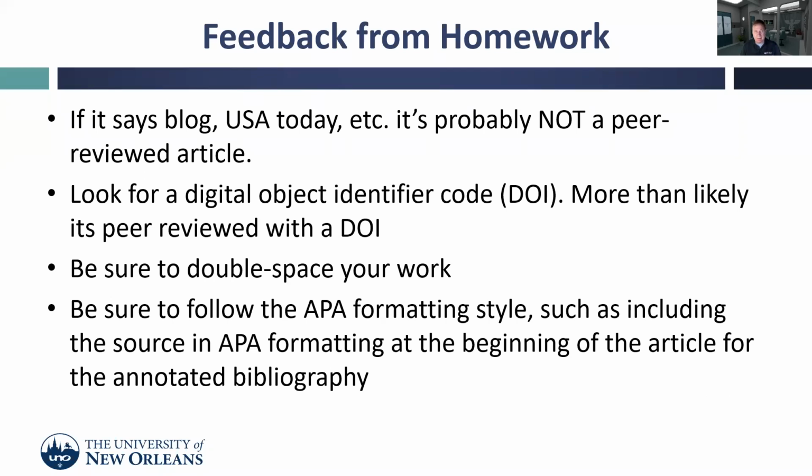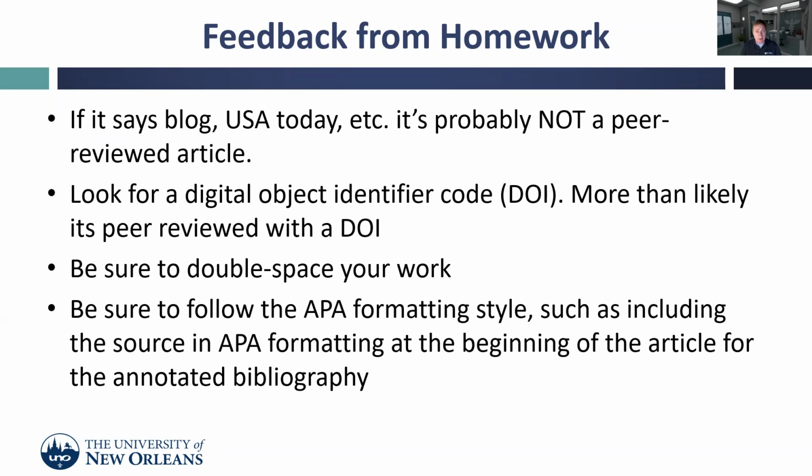If it says the Heritage Foundation or KKR, it's probably not peer reviewed. Look for a DOI. The digital object identifier code is typically a symbol that it has been recorded in a peer-reviewed journal. And again, be sure and use the indexing search engines that we've talked about. If you're using the one at the University of New Orleans, there is a place to select peer-reviewed. Be sure to select that in your search.